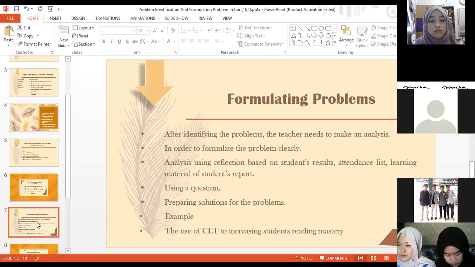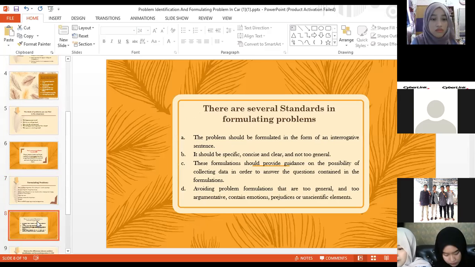The common term we use in formulating a problem is to start with a question: what is the most important problem that we have in the classroom, and what alternative solution can we give to solve the problem. That's formulating the problem. Next one, please.